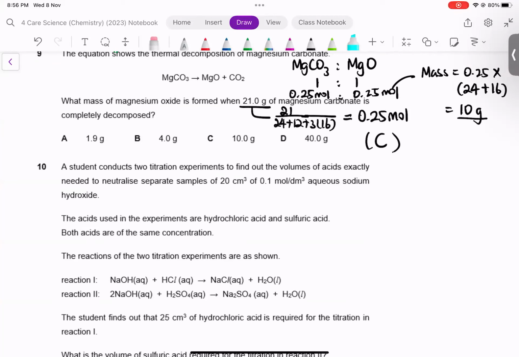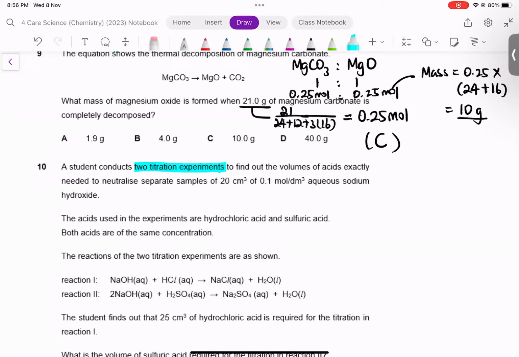So what does question 10 literally mean? It's really long, so let's read together. There are 2 titration experiments. This is crucial. This means that the 2 titrations are not linked, they are not the same, they are not performed in the same conical flask at the same time, right?